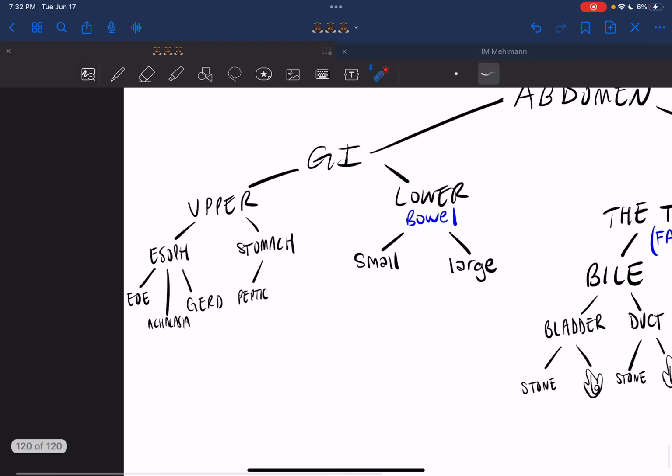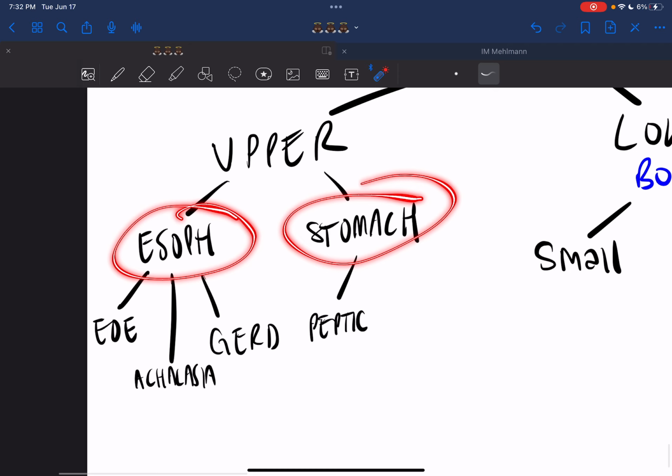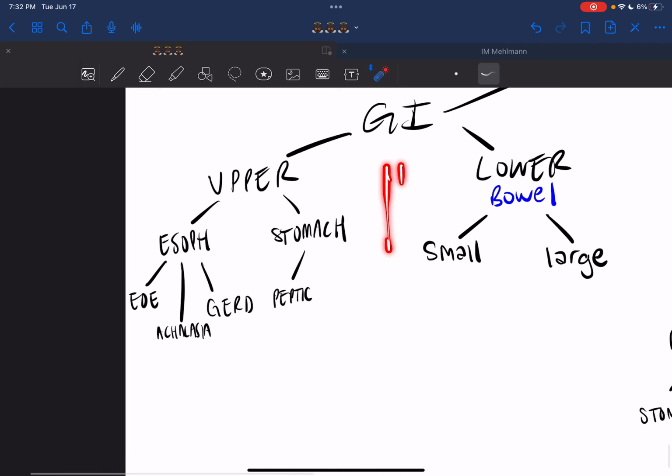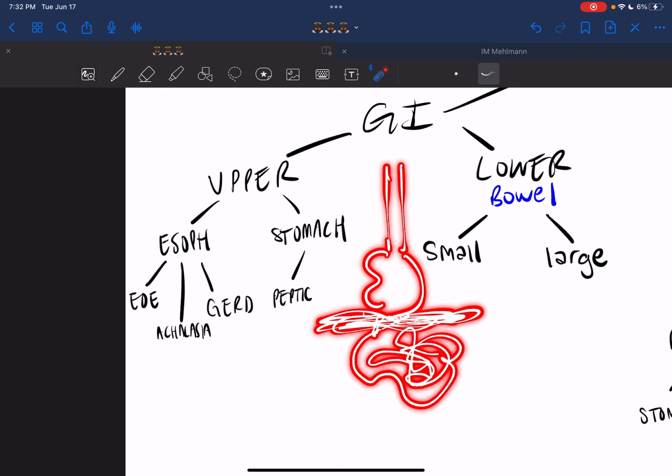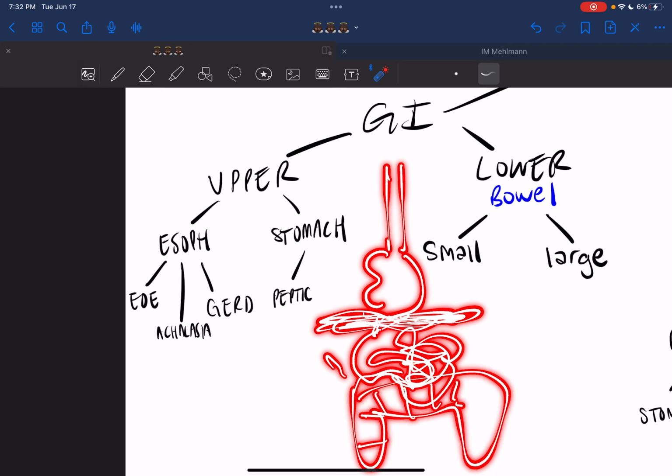Upper is the esophagus versus stomach. Those are the two parts. After that, you're not in the upper GI anymore. You're now in the lower GI, which is your small intestine, and then your large intestine.